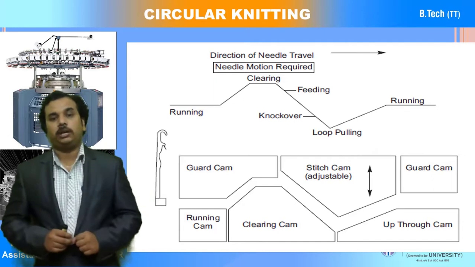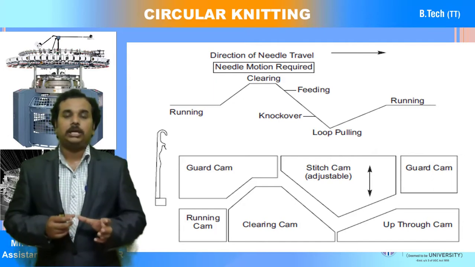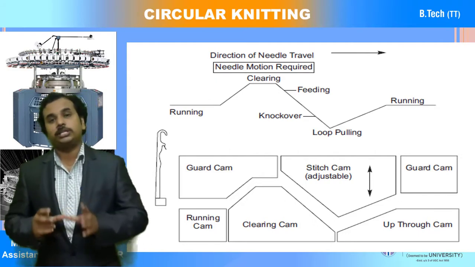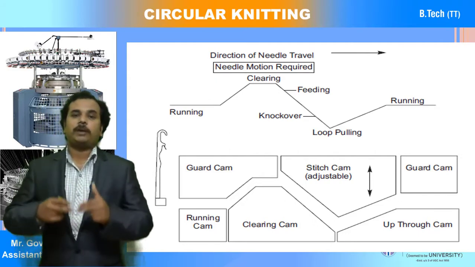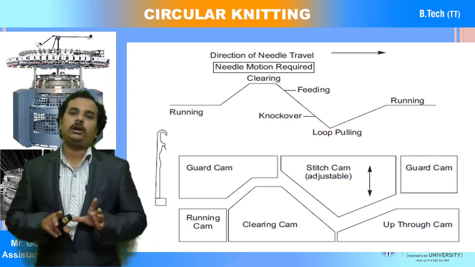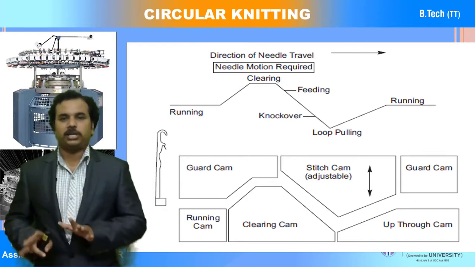Here we can see cam parts like the run-in cam, guard cam, clearing cam, stitch cam or adjustable cam. The stitch cam or adjustable cam directly influences the loop length in the knitted fabric structure.